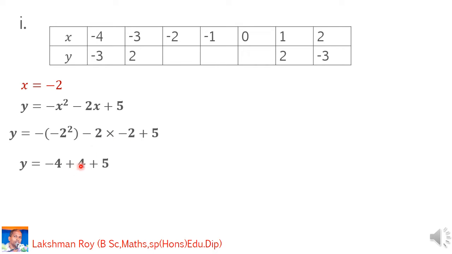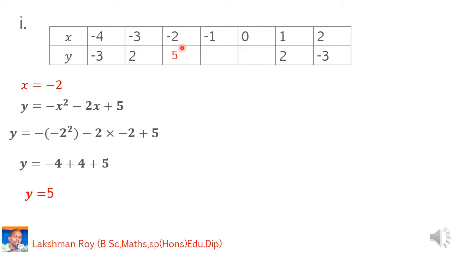Negative 4 and positive 4, the same number with different signs, make 0, so only positive 5 remains. That is the value of y when x is equal to negative 2.